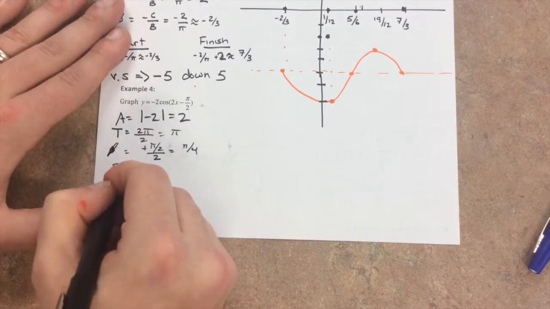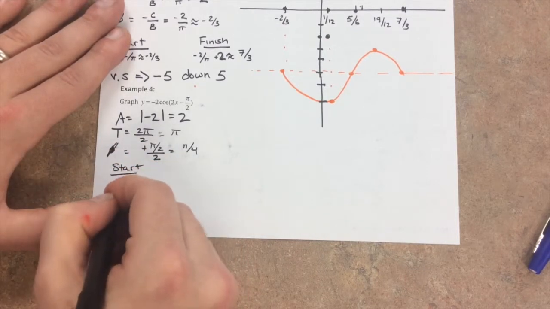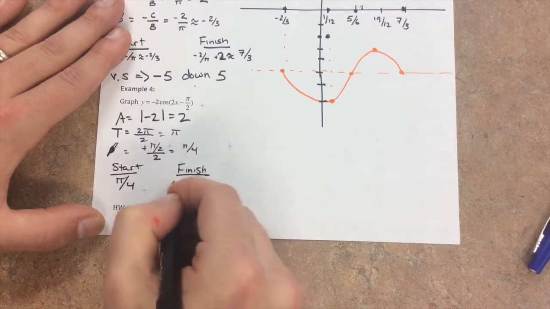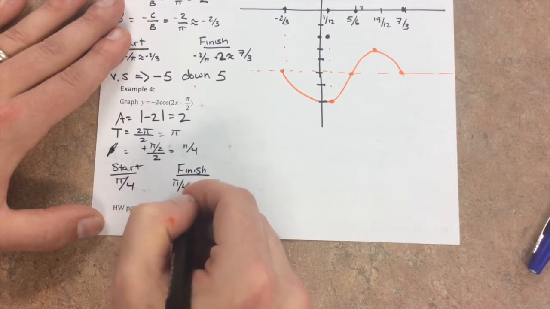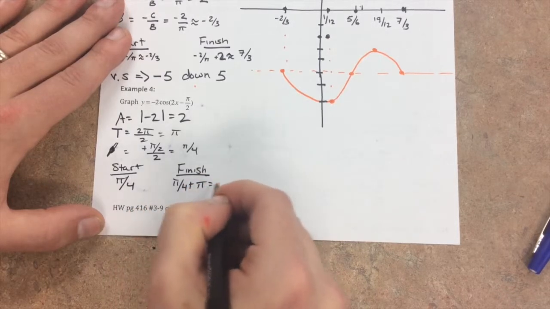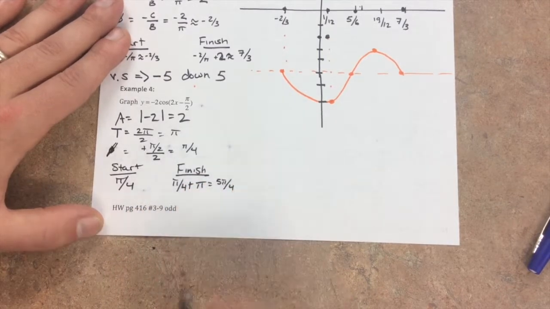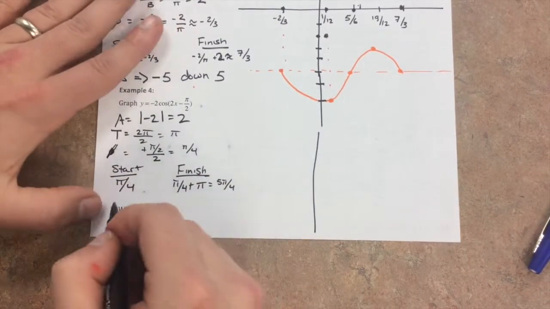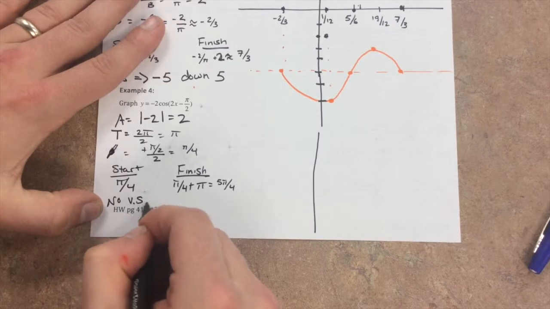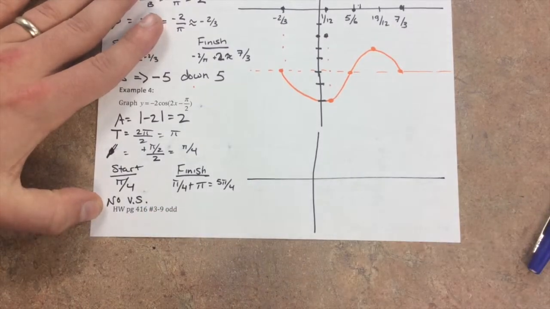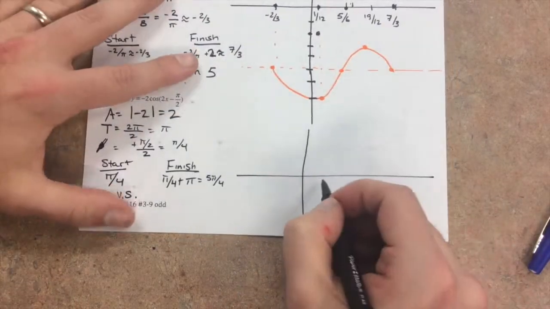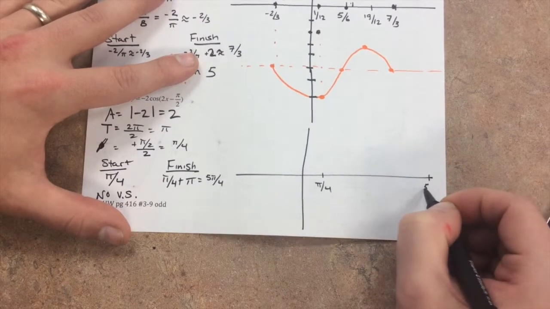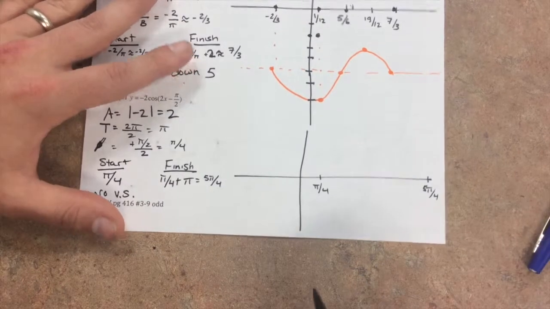So that means we start at pi over 4. We finish at pi plus pi over 4. So that is 5 pi over 4, which is something we can easily do. We know vertical shift, which is nice. So we start at pi over 4. We finish at 5 pi over 4.